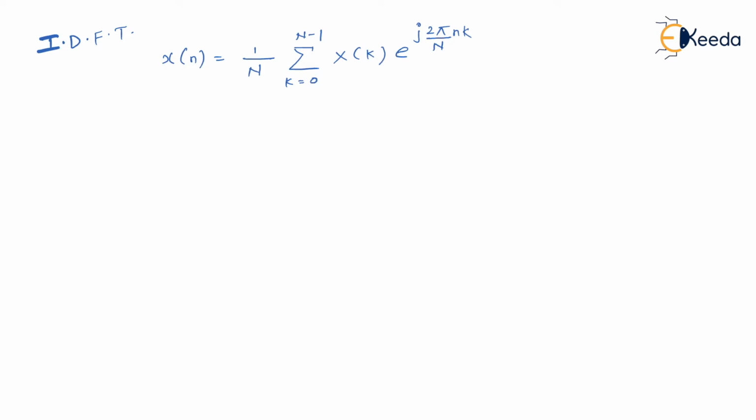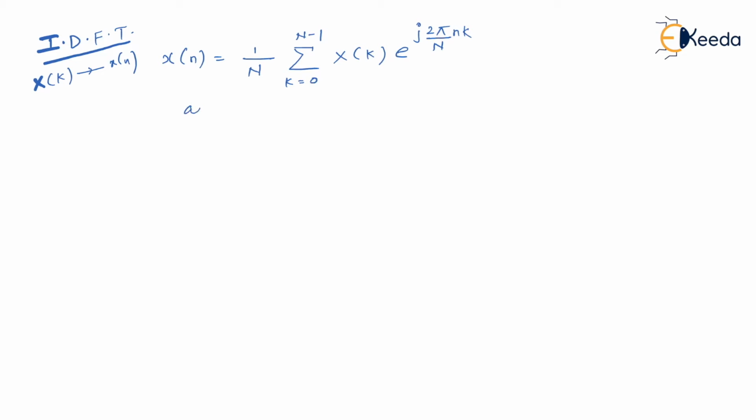Is that right? So that was the formula of x of n. The inverse discrete Fourier transform helps you get the value of x of n from X of k. So this tool helps you transform X of k back to x of n, that is, you are approaching the reverse way, from frequency domain to time domain.